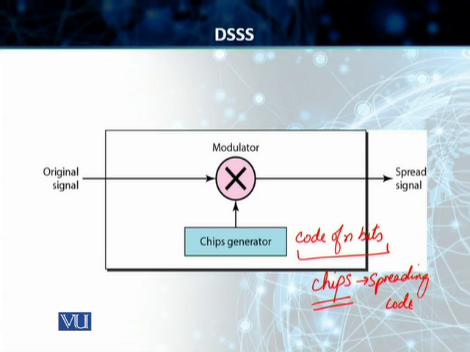Once this spreading code or the chips is generated, we have a modulator which allows the original signal to modulate this code of n bits. Every bit is replaced by this code of n bits, and we ultimately end up with a direct sequence spread spectrum signal.